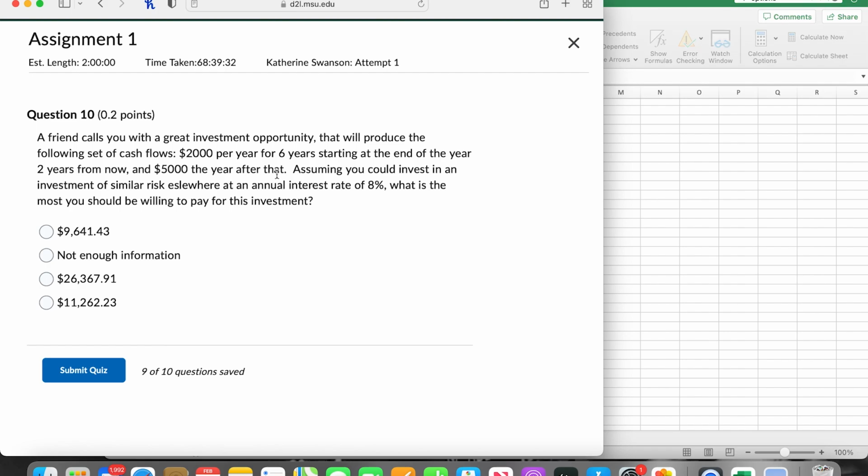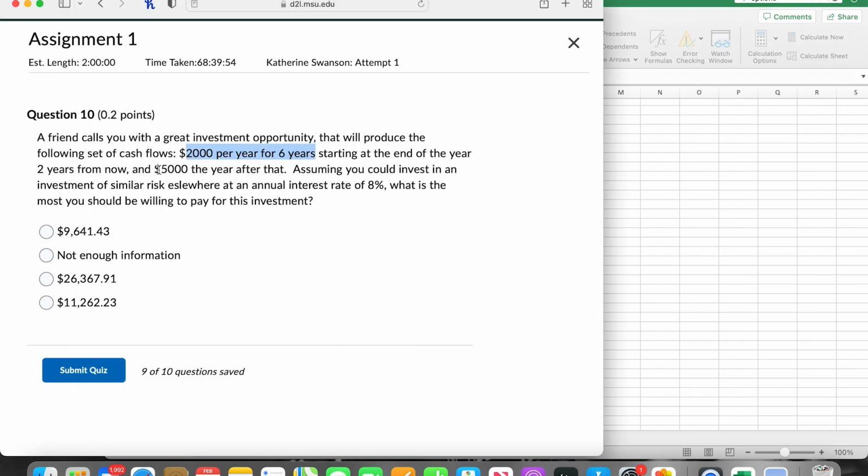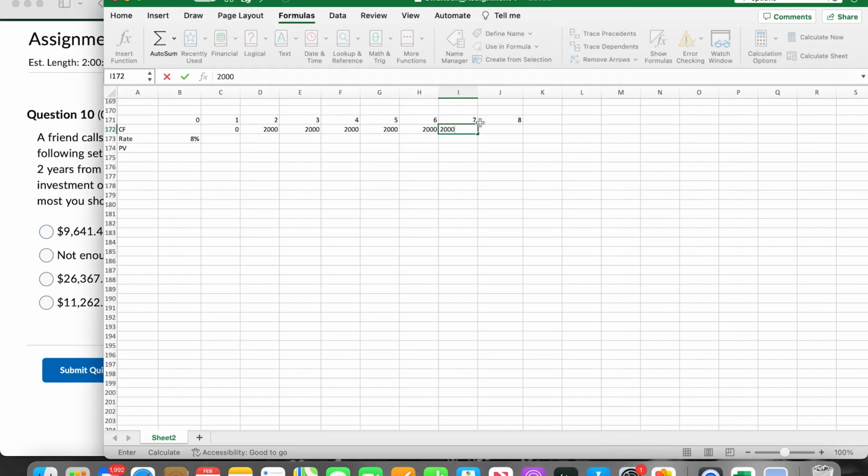Year 2, you'll make $2,000, and that's for the next 6 years. Then after that 6th year, you'll make $5,000.